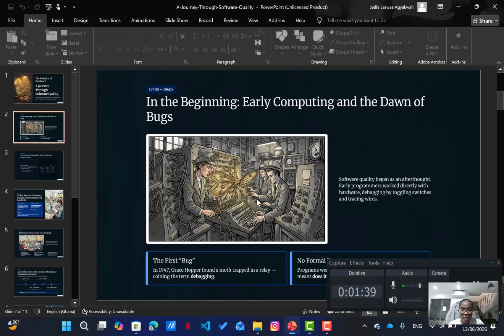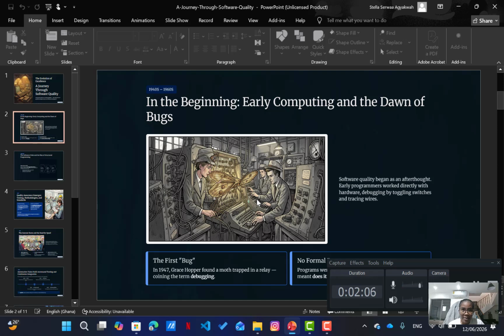One famous event happened in 1947 when computer scientist Grace Hopper discovered a moth trapped inside a computer relay. This incident led to the popular term debugging, which means finding and fixing errors in software.